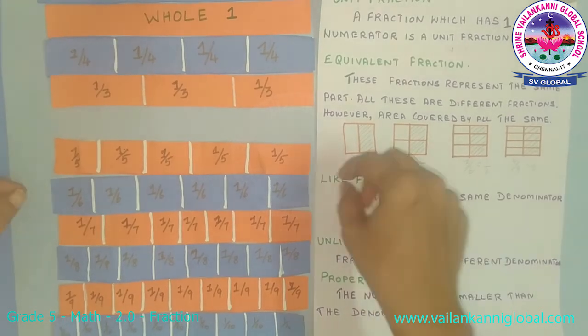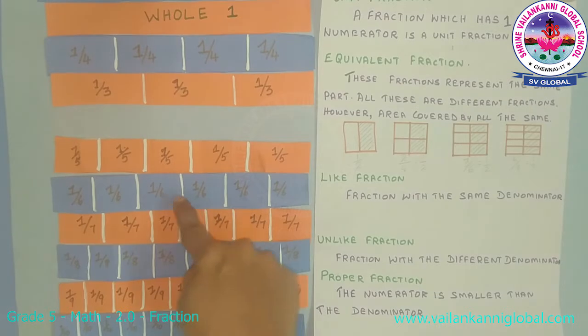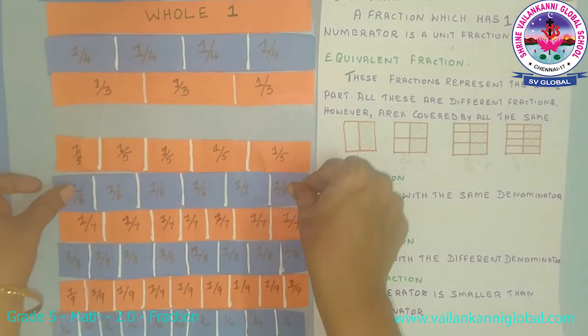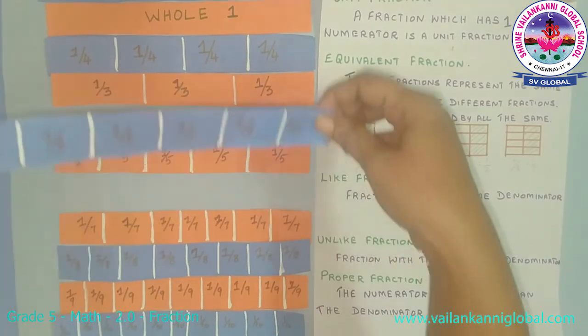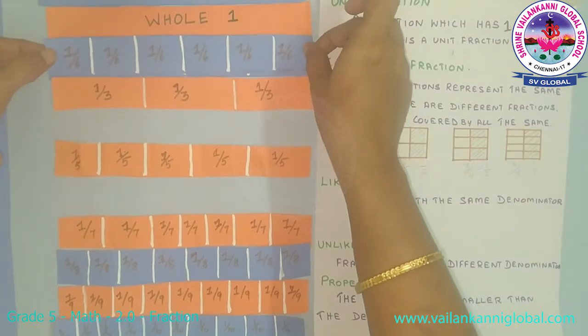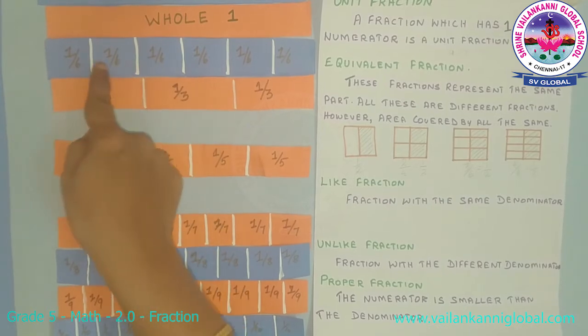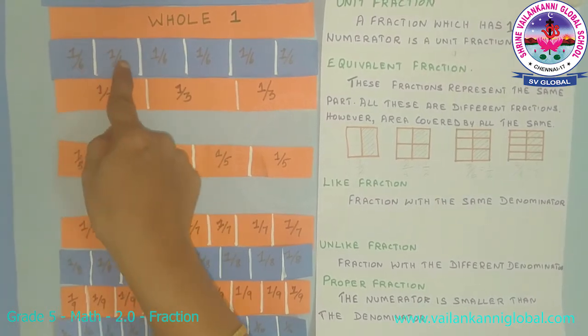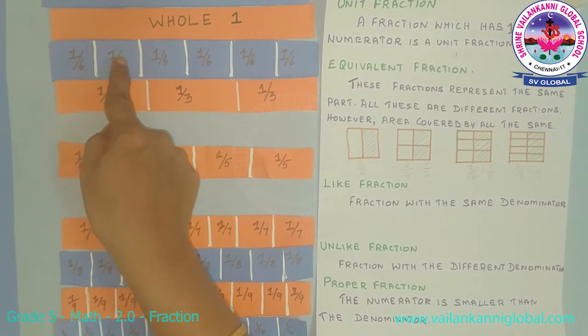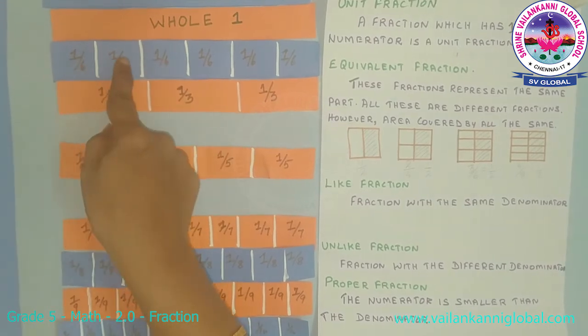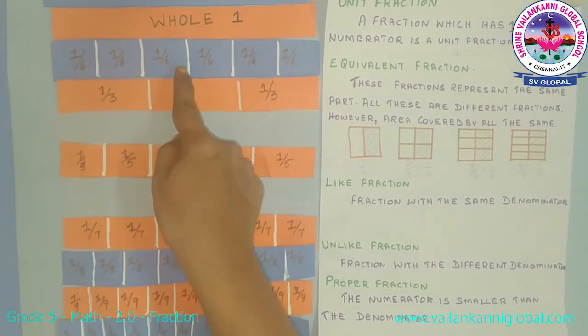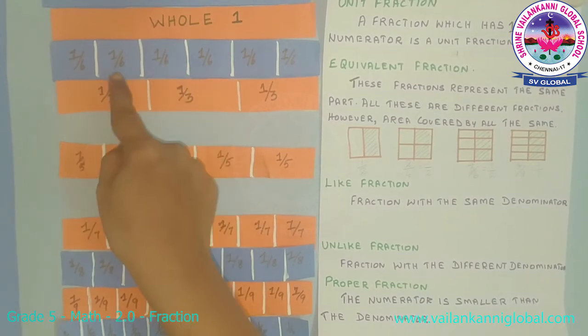Then which one is equal to this? 1 by 6. How many parts of 1 by 6 are here? You have 3 parts, 1, 2, 3, so you get 3 by 6. So 3 by 6 is equal to 1 by 2.